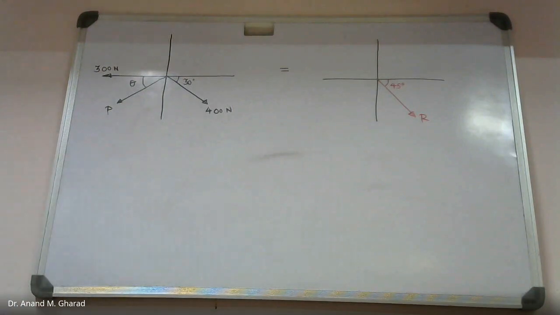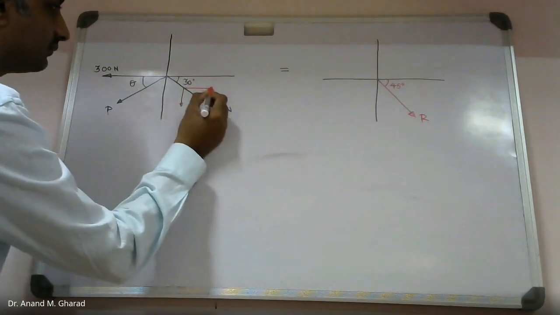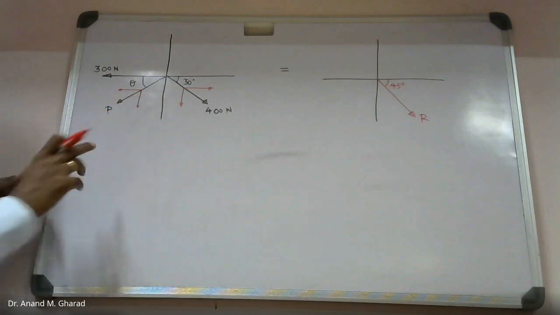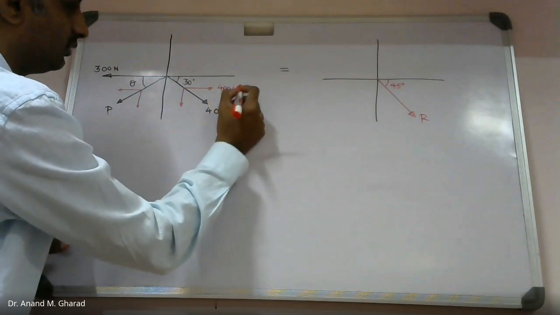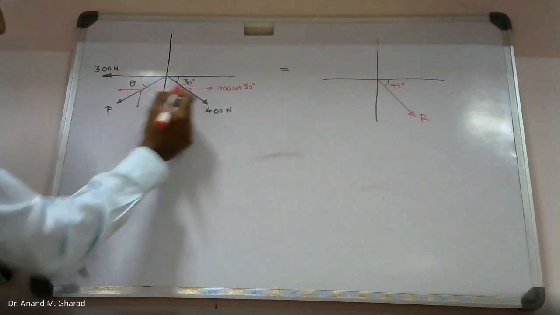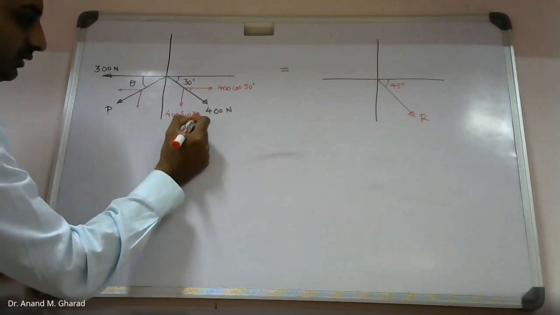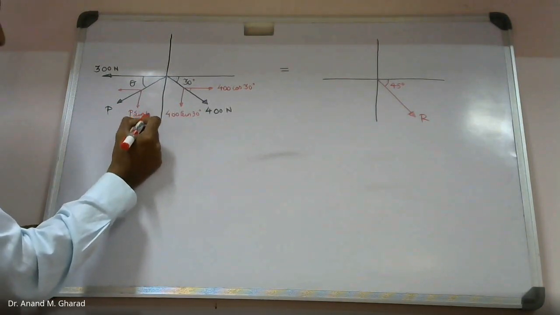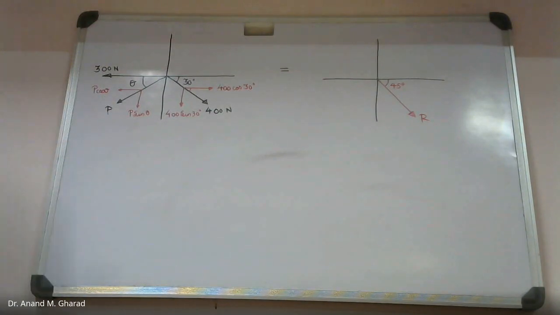Very quickly, what you will do, you will resolve the inclined forces into their components. Okay. So what shall this be? 400 cos 30, because this angle will be 30 degree, and this shall be 400 sin 30. This will be P sin theta, P cos theta, correct?